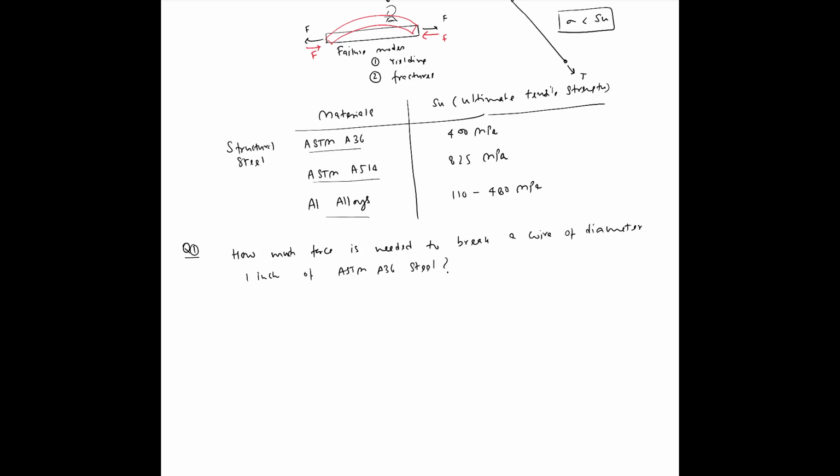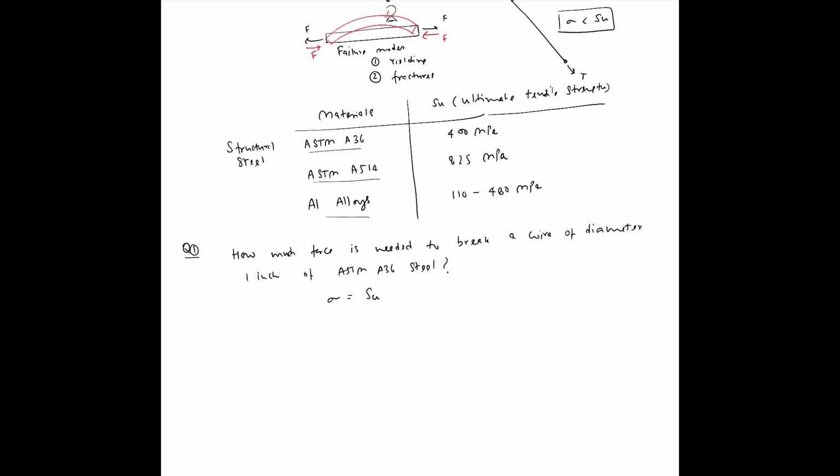So our question is, what is the force needed to break a wire of this diameter of 1 inch of ASTM A36 steel? We know that when the normal stress is equal to the ultimate tensile strength S sub U, then the wire is going to break, because after that there is only fracture that is going to happen.